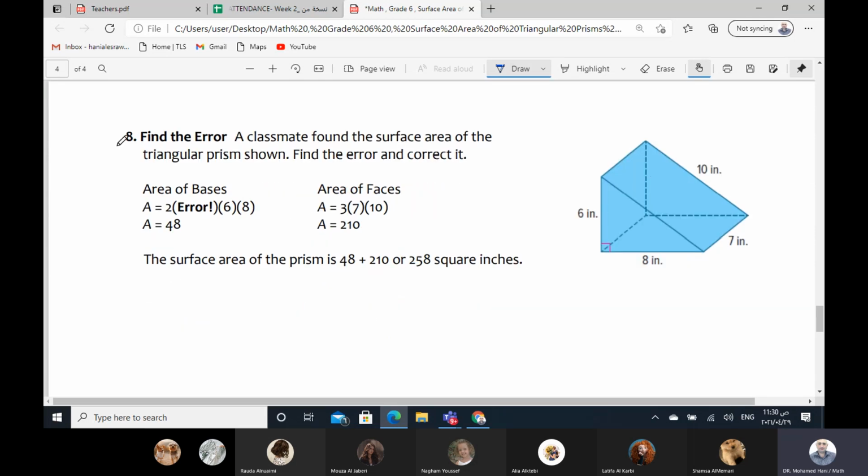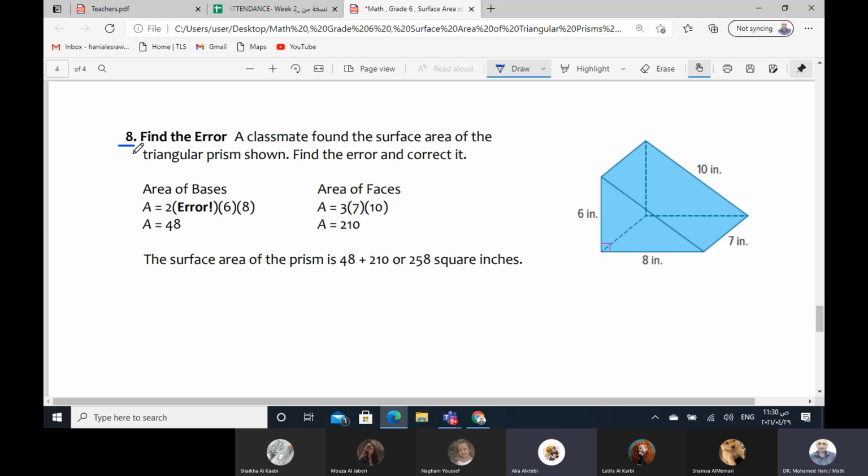Who can read exercise number 8? I'm Ali. Can I read it? Okay. Find the error. A classmate found the surface area of the triangular prism shown.